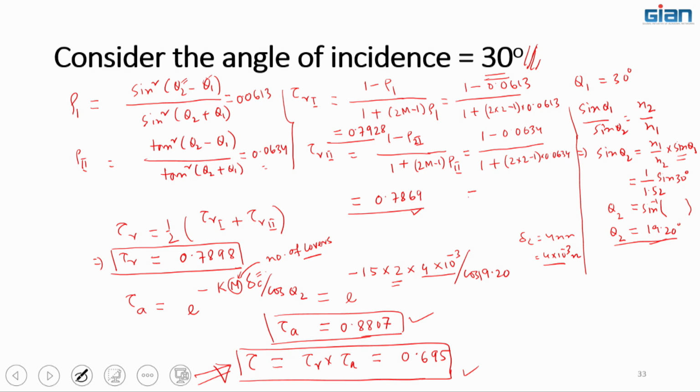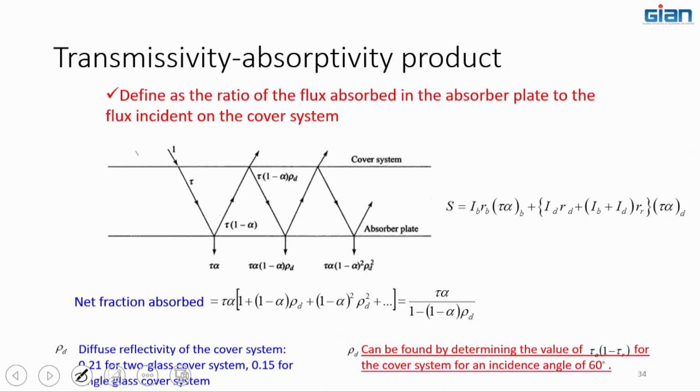Okay. So these are very important aspects, and this is really important if you can correlate it with the performance of the system. Okay. And also sometimes this product, which we call the transmissivity-absorptivity product, is very significant, that is defined as the ratio of the flux absorbed in the absorber plate to the flux incident on the cover system. Okay.